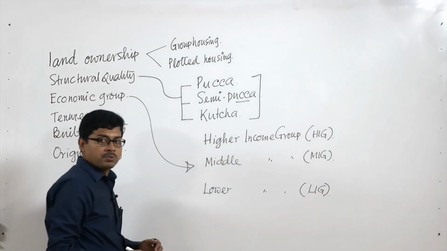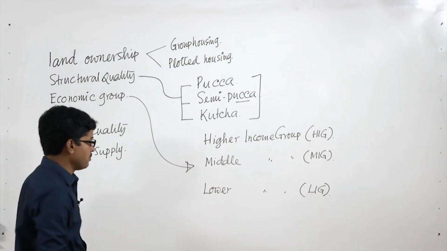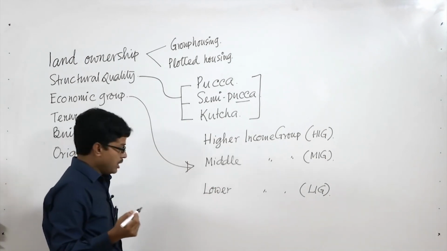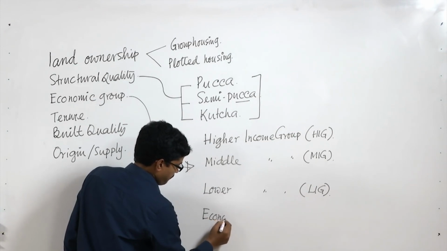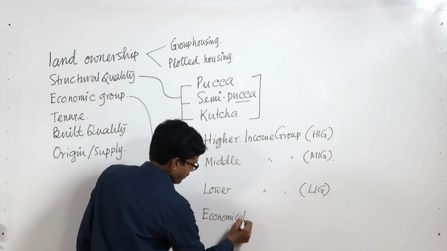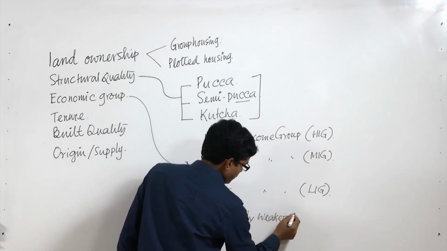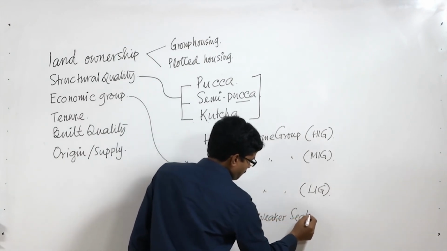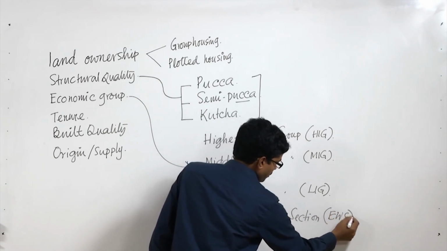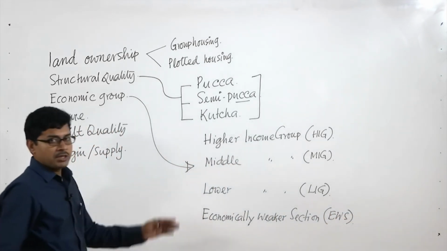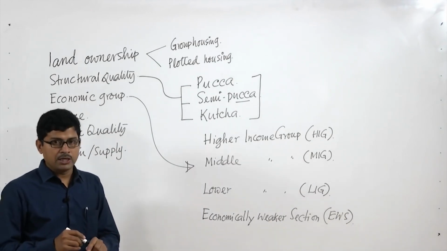And also the people who are living below the lower income group, who do not have the minimum affordability to afford a house, are called economically weaker section, in short EWS. So, these are the broad four categories or classifications based on the economic group.